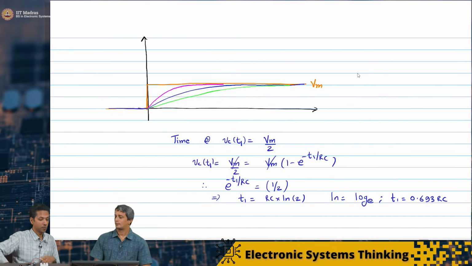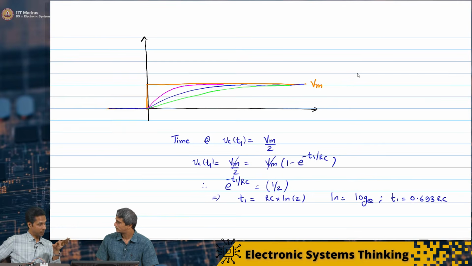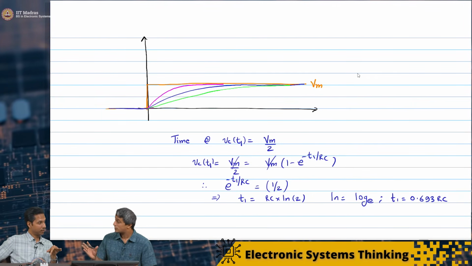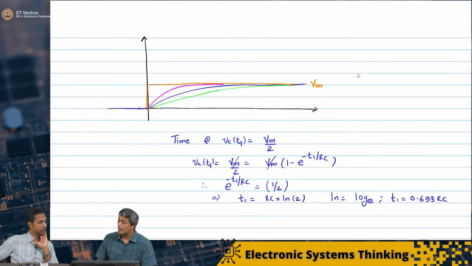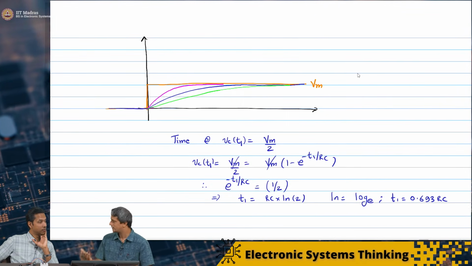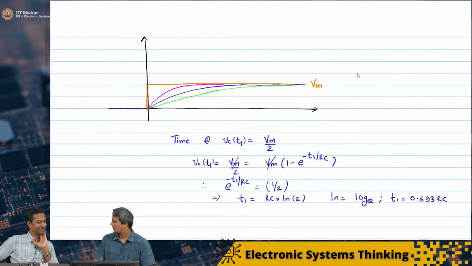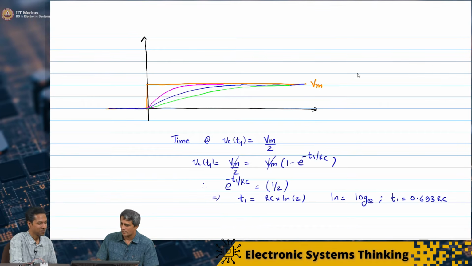So the R and C values decide. Exactly, not just R and C, it's the product of RC. That will decide time, and dimensionally ohm into farad is seconds, is time. So all of this makes sense together, right?